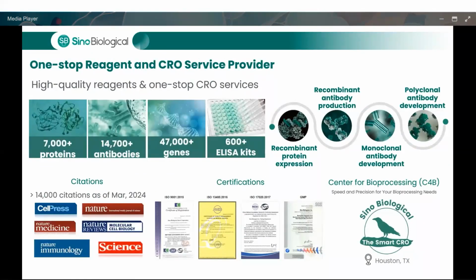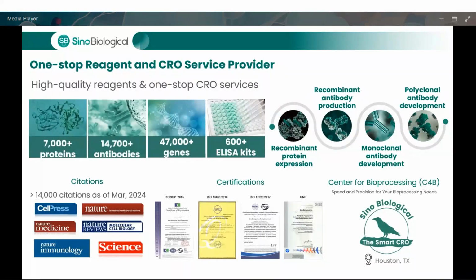An extensive catalog. We offer over 7,000 proteins, 14,700 antibodies, more than 47,000 genes, and another 600 ELISA kits, providing a diverse selection of tools to support your research needs. Our vast collection covers various species, including human, mouse, rat, and more, which allows you to explore different biological systems and pathways.